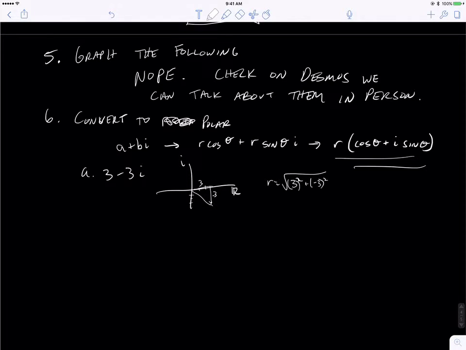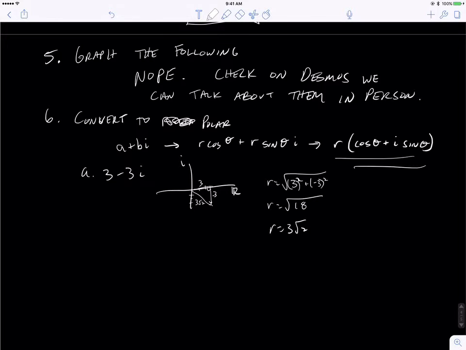So again, I recognize that as a 45, 45, 90. So I know it's going to just come out to be 3 root 2, right? But if I go through this, I've got the square root of 9 plus 9. That's 18. I told you I passed this class. And then 9 times 2, that's 3 root 2 like we suspected.